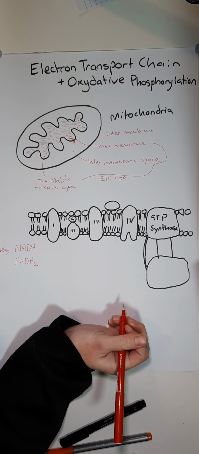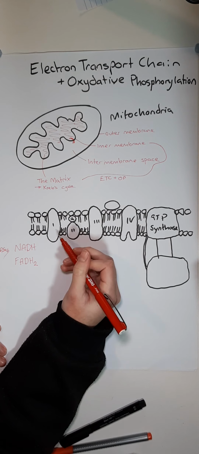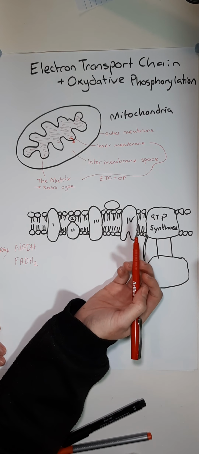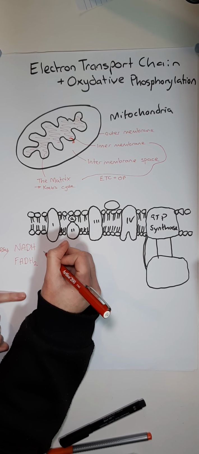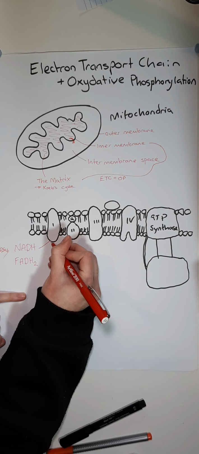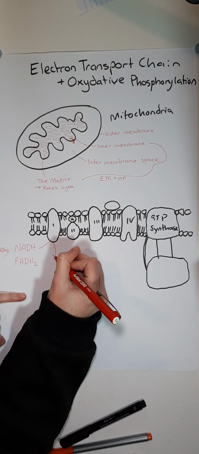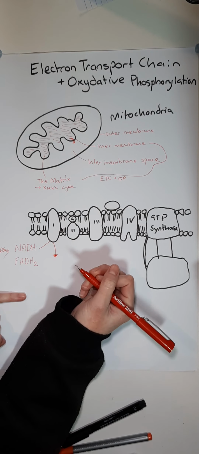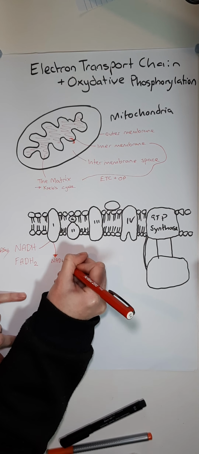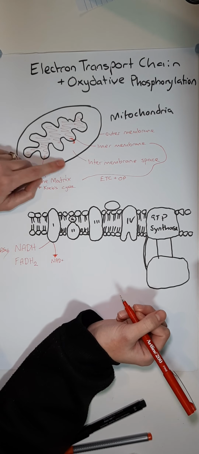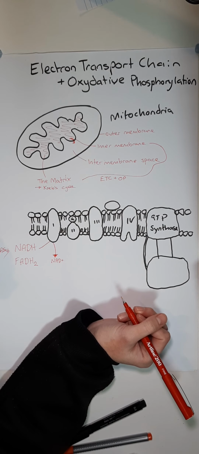And these guys are coming in to drop off their electrons and their protons. So let's start with NADH. It comes in, hits protein number 1, drops off some electrons and protons, and leaves as a lovely little NAD+, ready to support the rest of respiration all over again.